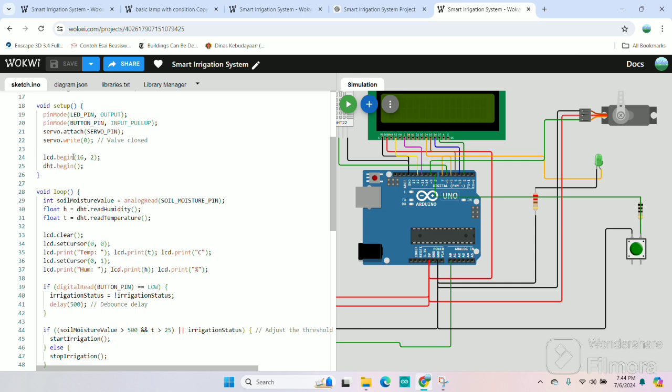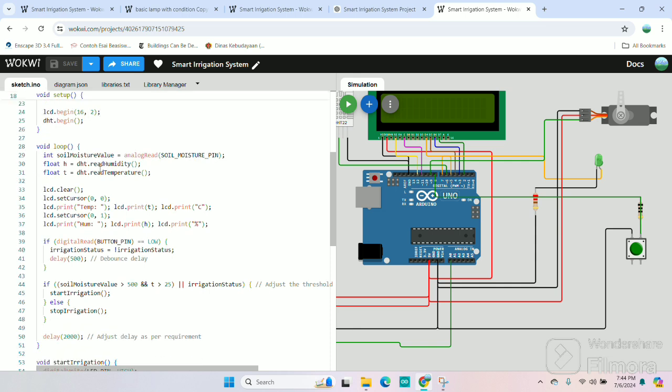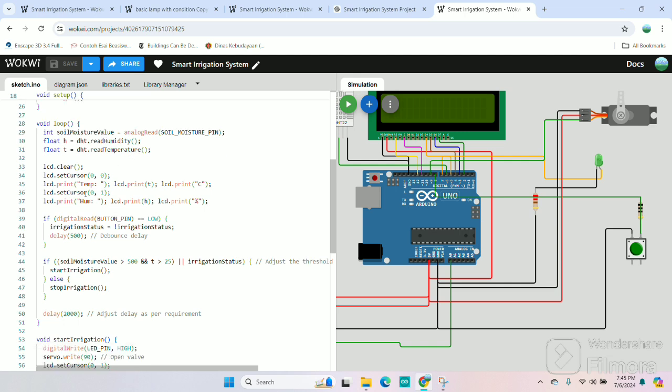And then the LCD pins are these, and then for the system we have to initiate the moisture value from the moisture sensor pin, then initiate the humidity from the DHT read humidity, and then the DHT read temperature, and after that we should consider what we want to display on the LCD.